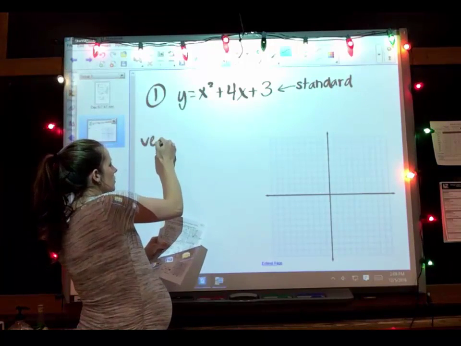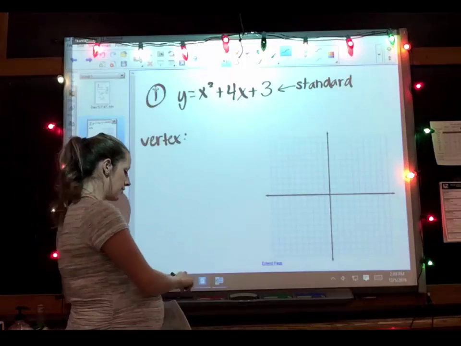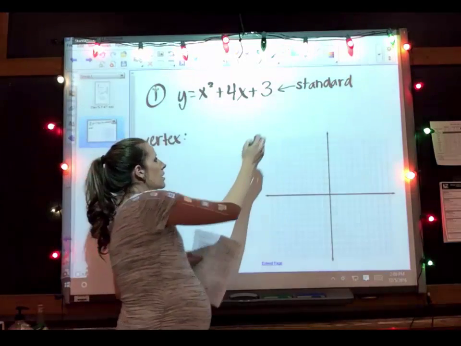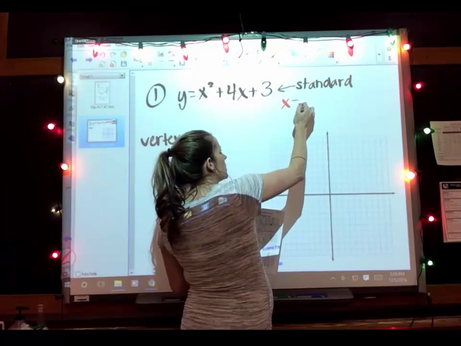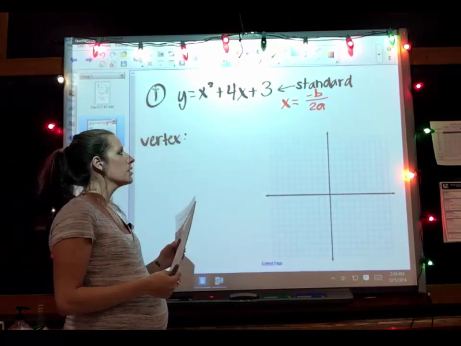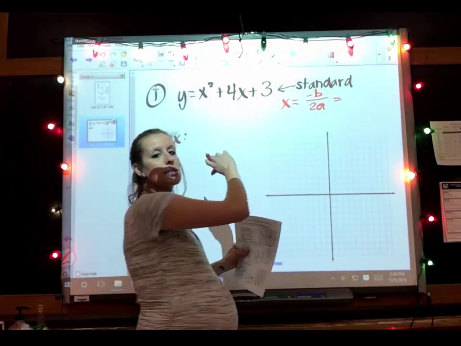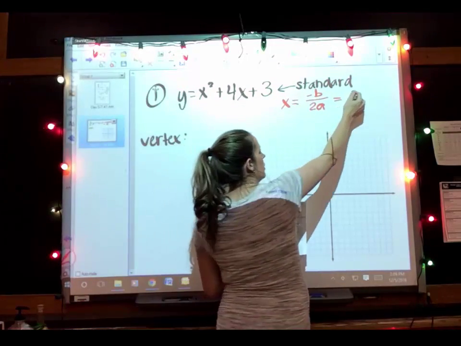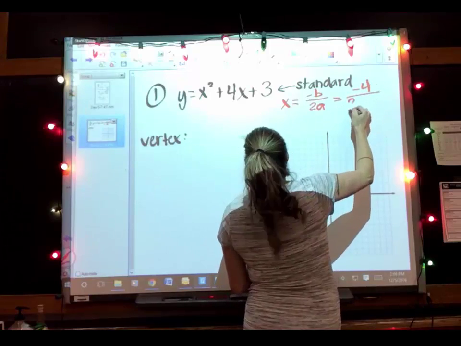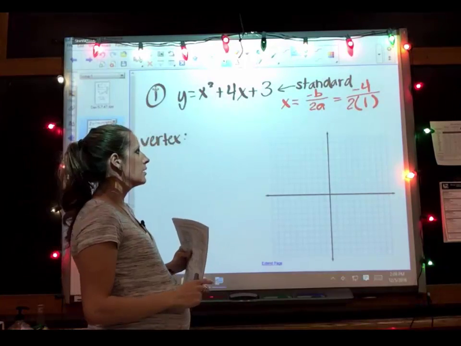And with standard, the way we find our vertex, if you remember from yesterday, x equals negative b over 2a. So we're going to have the opposite of b, which for this problem would be negative 4 over 2 times, and my a is 1. So negative 4 over 2 times 1.